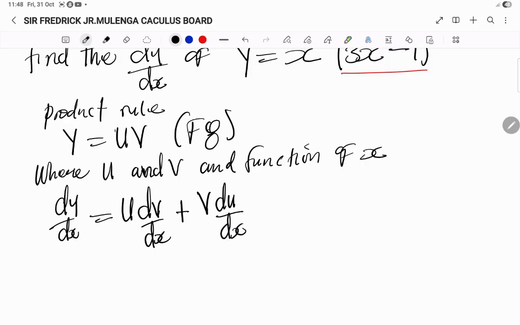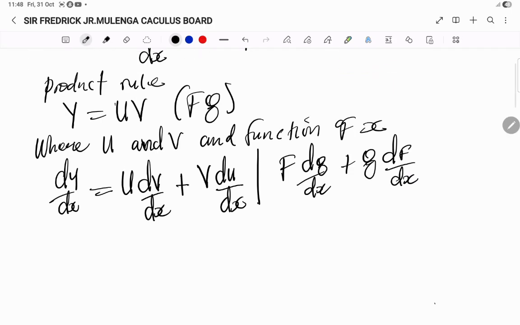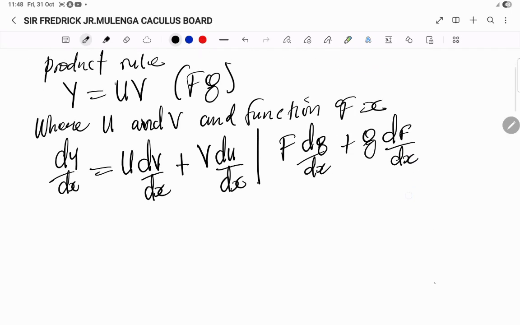If you are having f and g, you keep g and differentiate f. These are just the same thing, just letters, but the concept is the same. So I'll keep f, differentiate g over dx, then plus I'll keep g and differentiate f over dx. You can go your own way, but the same concept.